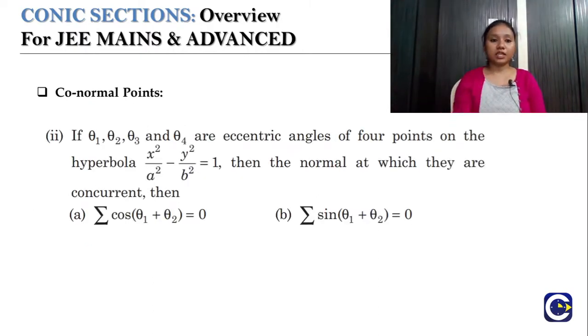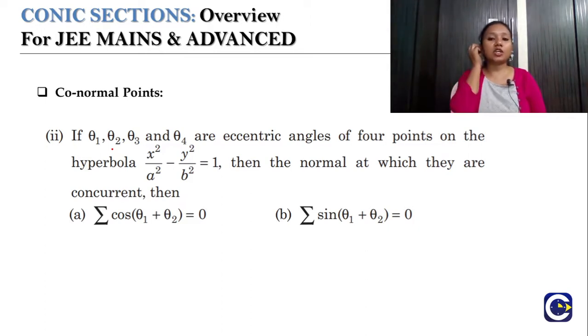Similarly here, if theta 1, theta 2, theta 3 and theta 4 are the eccentric angles of 4 points on the hyperbola, which are the normal points, right? As we have seen, a maximum of 4 normals we can draw to the given hyperbola. So that's why we have 4 corresponding eccentric angles of the 4 normal points on the hyperbola x square by a square minus y square by b square is equal to 1.